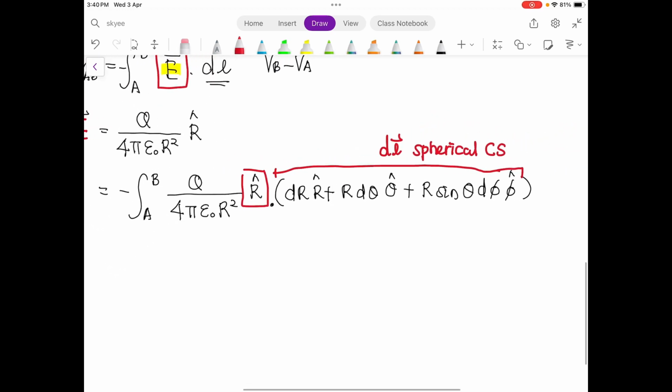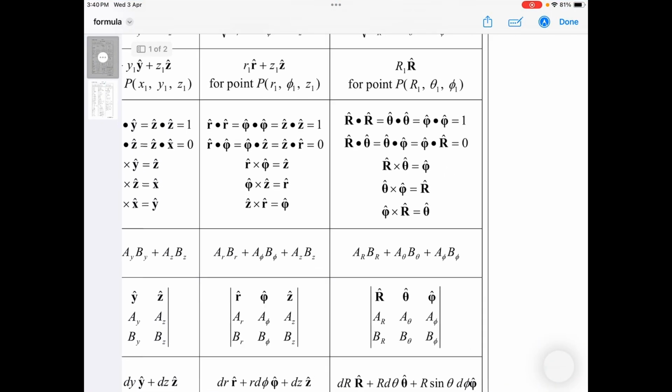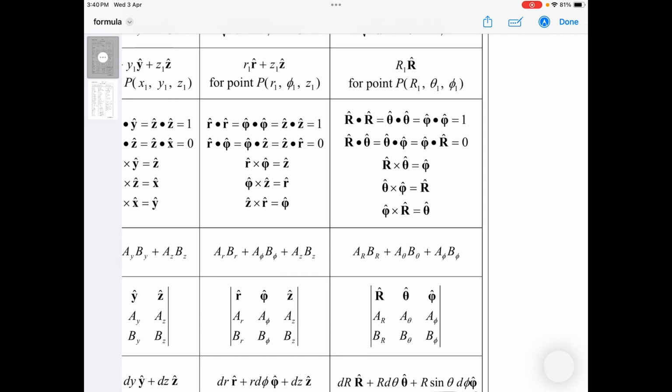Now you dot product it. So when you perform a dot product, you have to look at this one dot product with this one, and this one dot product again with this one. When you dot product, I think I explained before, you can refer here. What happens if you dot product with different directions, that is 0, and same directions, you will get 1.